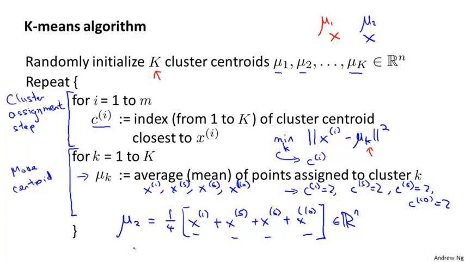But sometimes if you really need k clusters, then the other thing you can do is randomly reinitialize that cluster centroid. But it's more common to just eliminate a cluster if somewhere during k-means it ends up with no points assigned to that cluster centroid. And that can happen, although in practice it happens not that often. So that's the k-means algorithm.